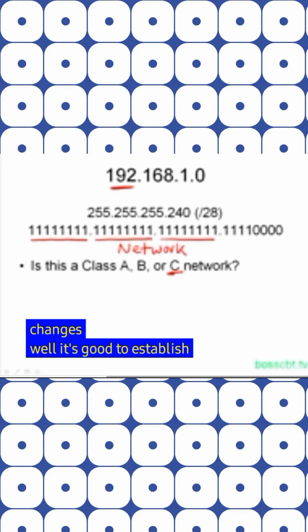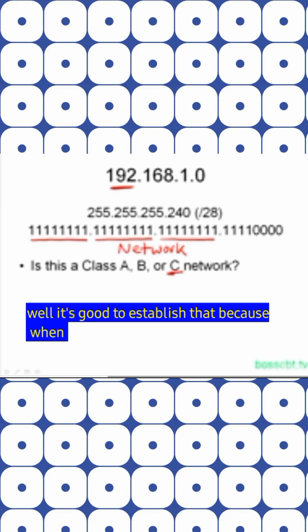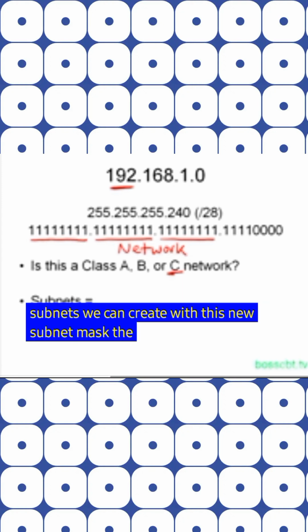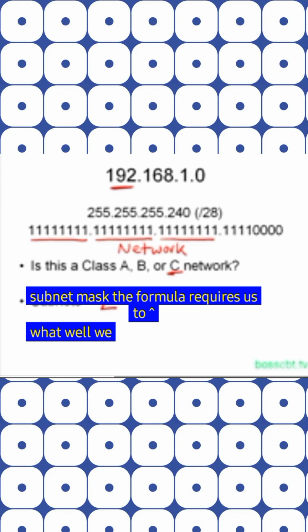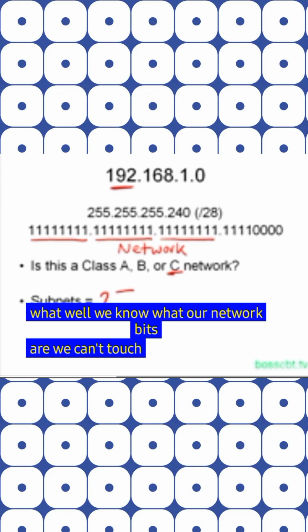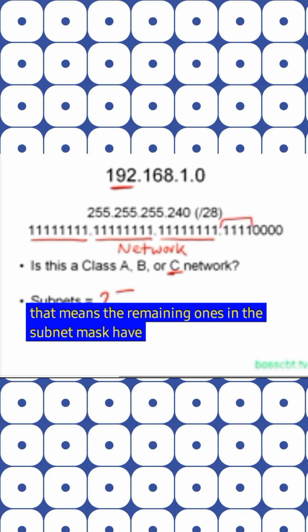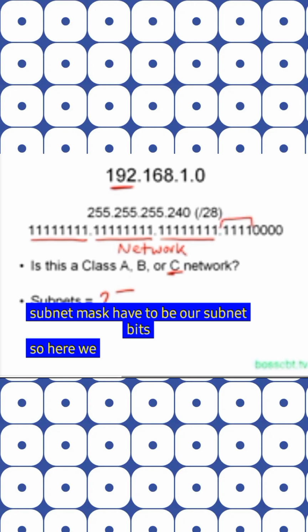And we know that when subnetting, the network portion does not change. Well, it's good to establish that because when we want to find the number of subnets we can create with our new subnet mask, the formula requires us to know our subnet bits. We know what our network bits are, so the remaining ones in the subnet mask have to be our subnet bits. So here we have 4.